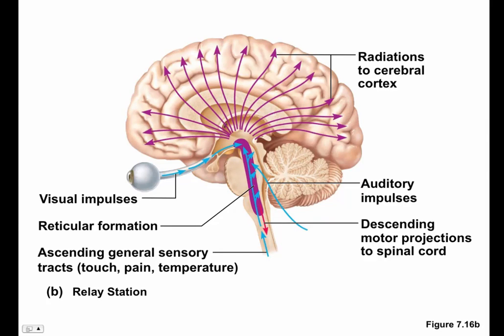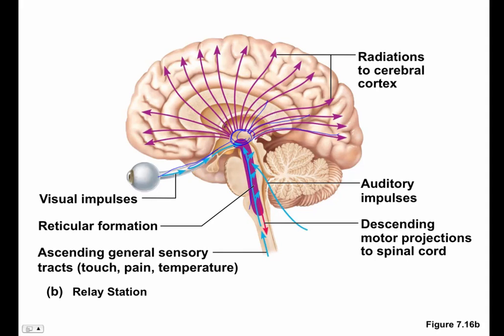Here you can have your visual impulses, for your vision sense. And then you have auditory, taste, hearing, and smell. All of that sensory input is going to get brought over here towards your thalamus. The thalamus, being that relay station for sensory impulses, can direct all that sensory input to different regions of the brain.